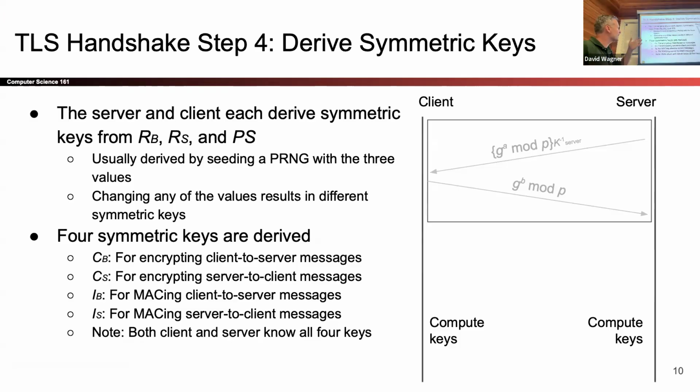So you might think if an attacker were to resend data from an old session, like the same G to the B or something, maybe you'd get the same pre-master secret, but it would be a different random value for a new connection. And so you'd end up with different shared keys, and an attacker who doesn't know the pre-master secret wouldn't be able to predict what the new shared keys are. And because they're different shared keys, the message authentication codes from the replayed connection would no longer be valid on the new one.